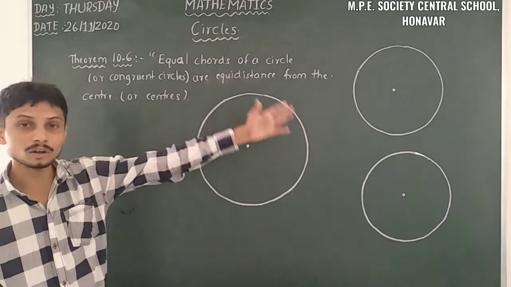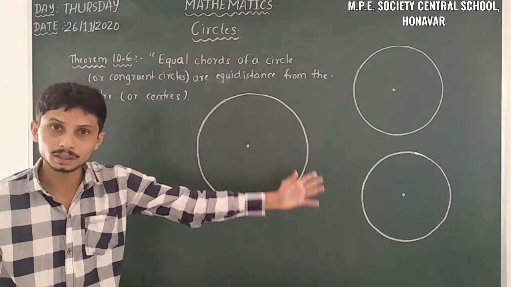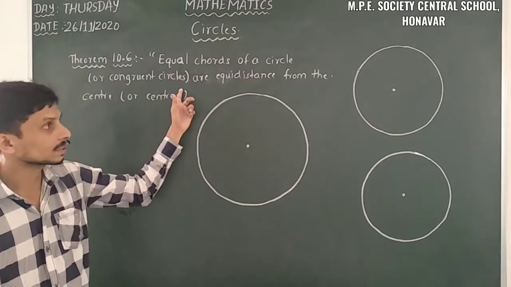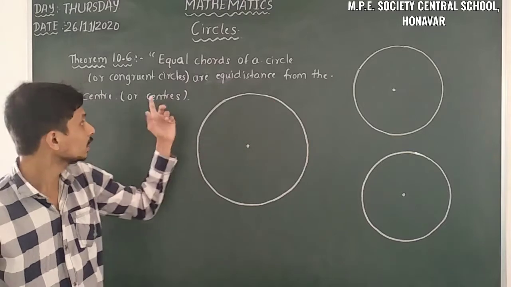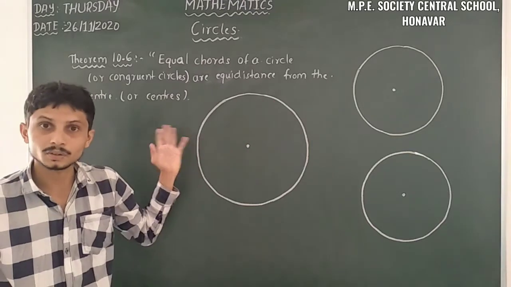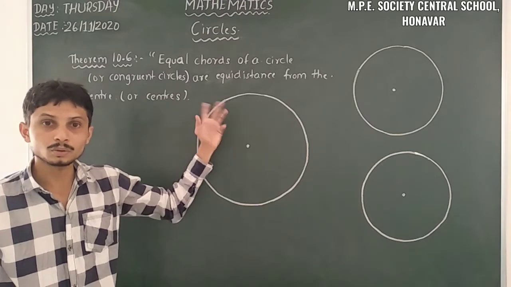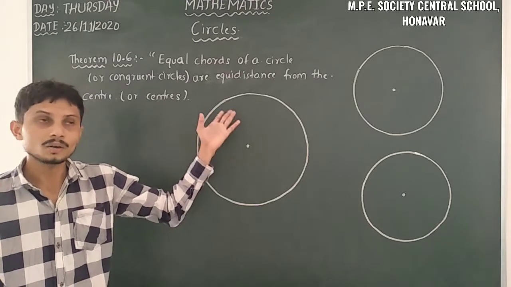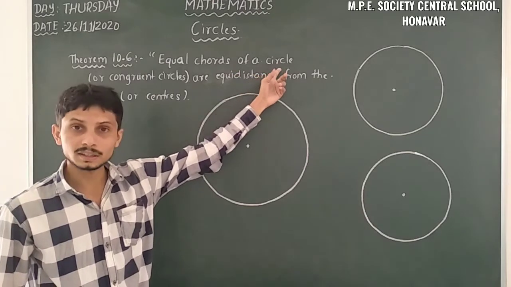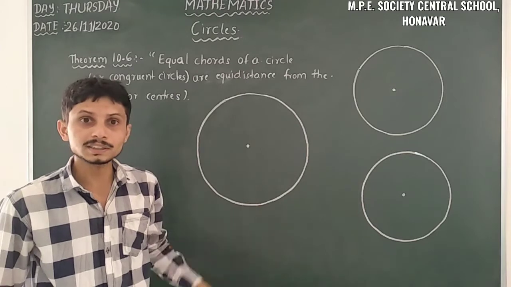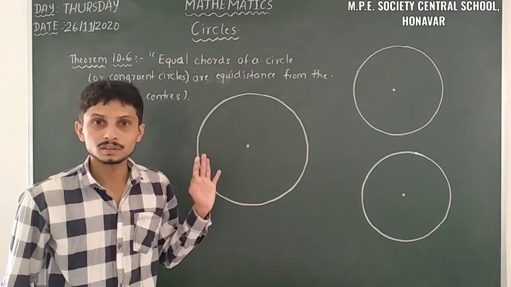And when we have congruent circles, those are having equal radius, then equal chords of congruent circles are equidistant from the centers. So likewise we have to understand the statement correctly. One is related with only one circle, one is related with the congruent circles.